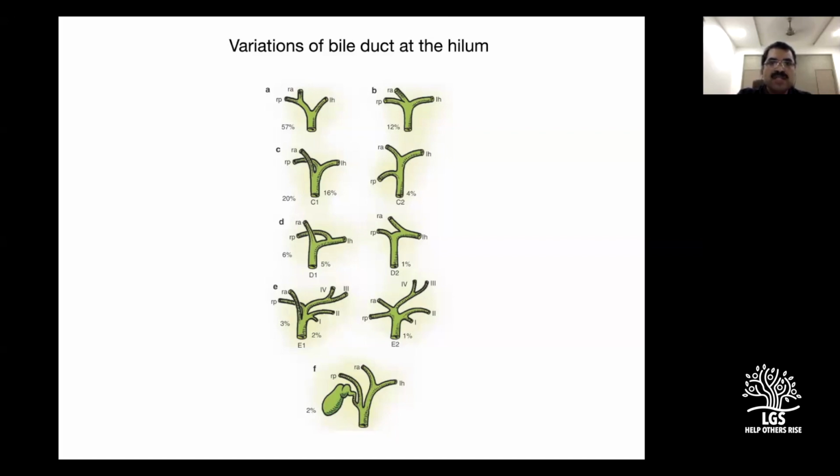So 57% is the type A, 12% type B, but more common than type B is the type C1. That is the right posterior sectoral duct and the left duct joining to form the confluence, and the anterior sectoral duct separately joining into the common hepatic duct.